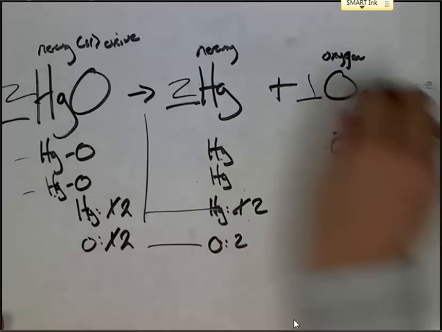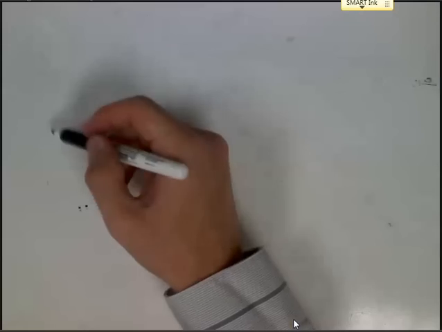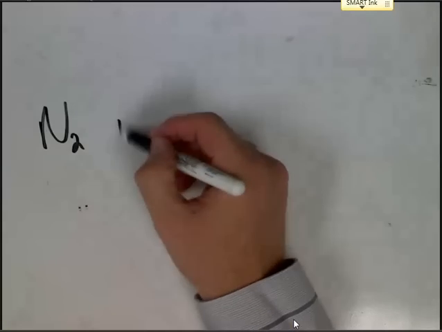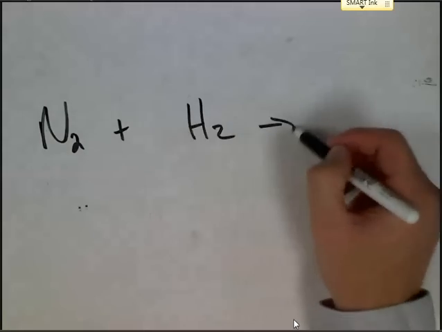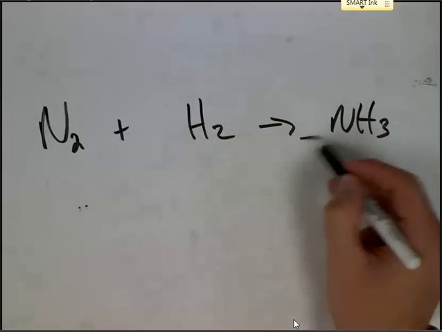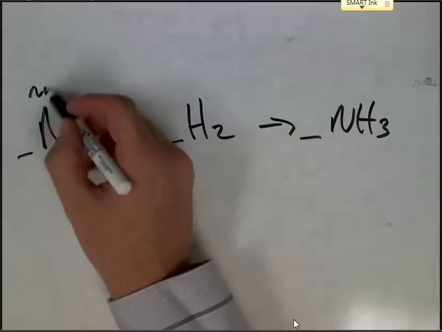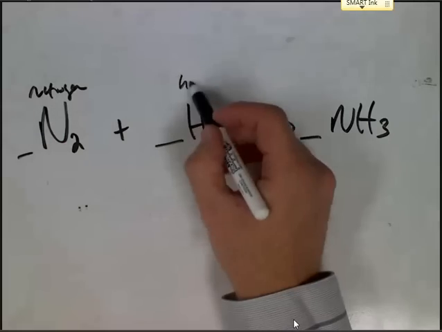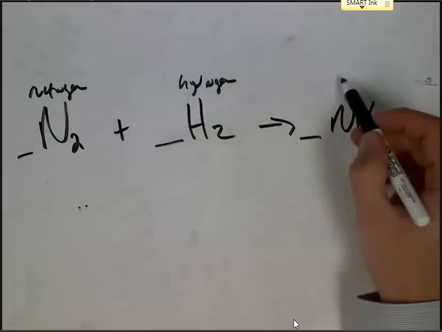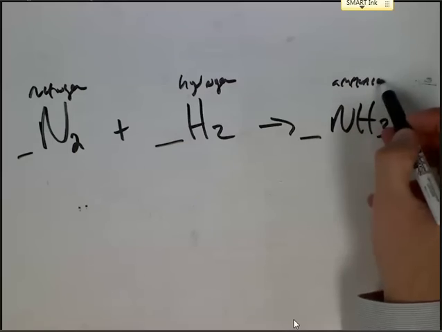Take a look at our next one. N2 plus H2 yields NH3. We have nitrogen plus hydrogen gives you ammonia.